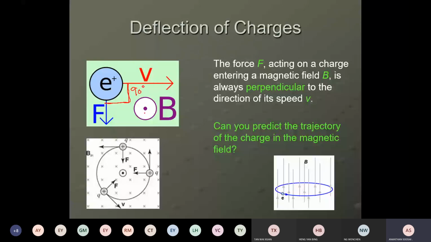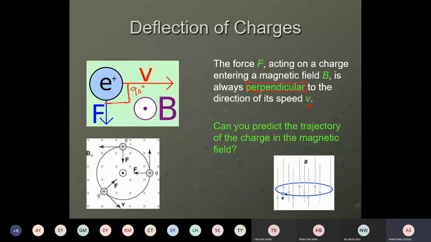If a force is applied perpendicular to the velocity, what type of path will the charged particle take? The force F acting on the charge entering the magnetic field is always perpendicular to the direction of the speed. Okay. Can you predict the trajectory of the charge in the magnetic field?